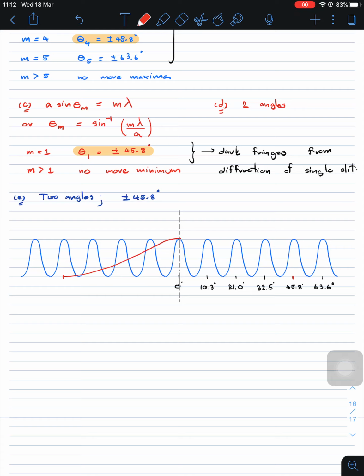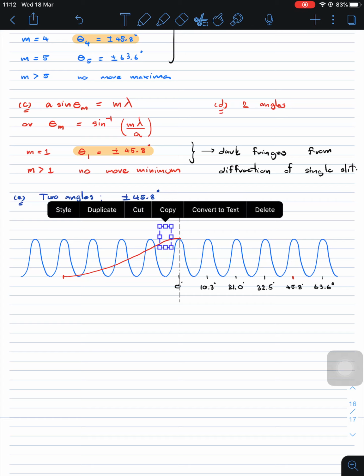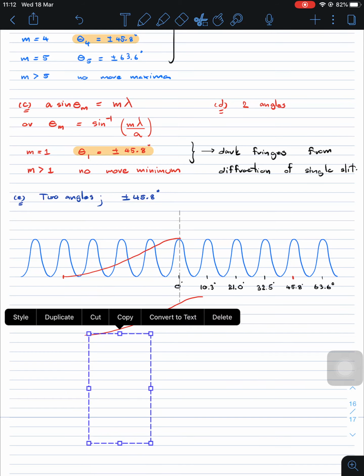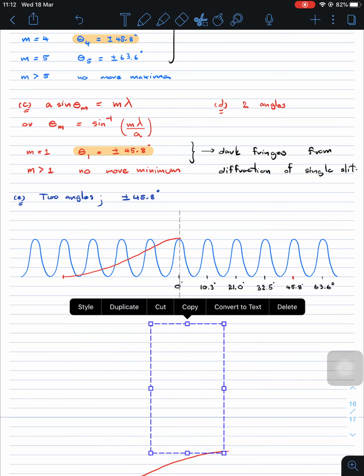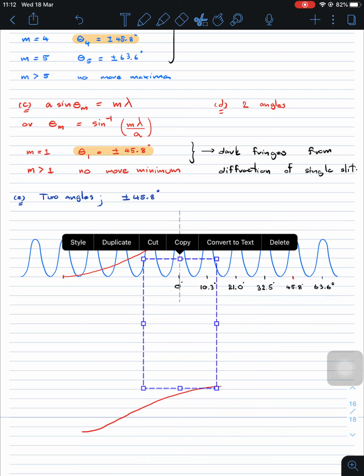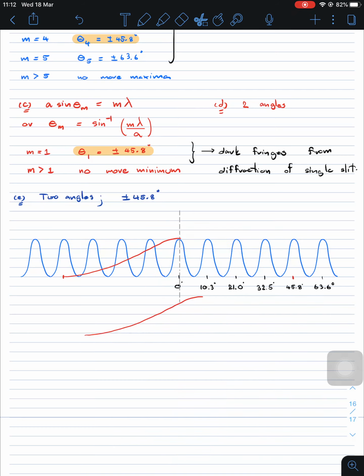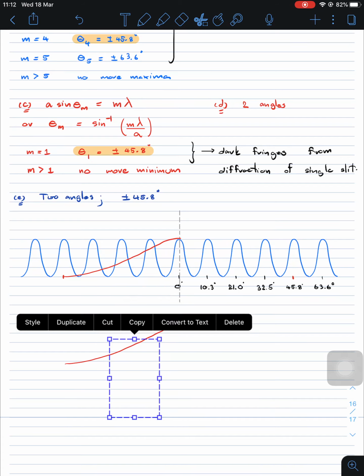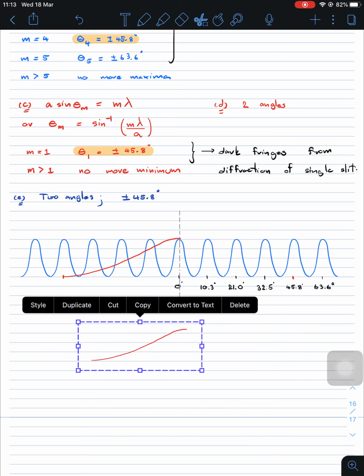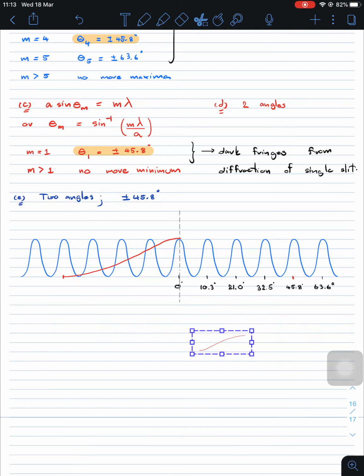Let me copy, because I'm not good at drawing here. Wait, let me draw again.